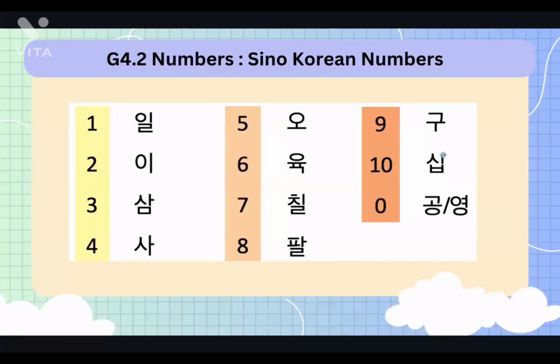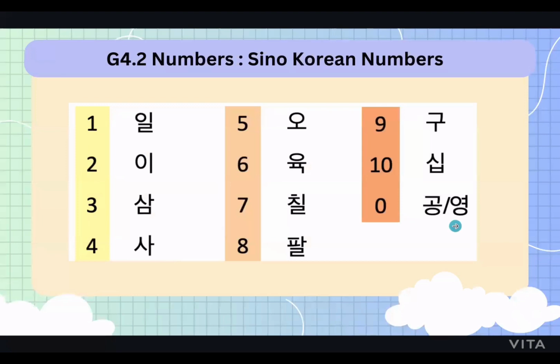And then the number 2 grammar point is numbers, Sino-Korean numbers. So we learned about native Korean numbers just briefly and also Sino-Korean numbers. So from this part, we're going to check the number part again. 자, what is a Sino-Korean number? 1, 2, 3, 4, 5, 6, 7, 8, 9, 10.